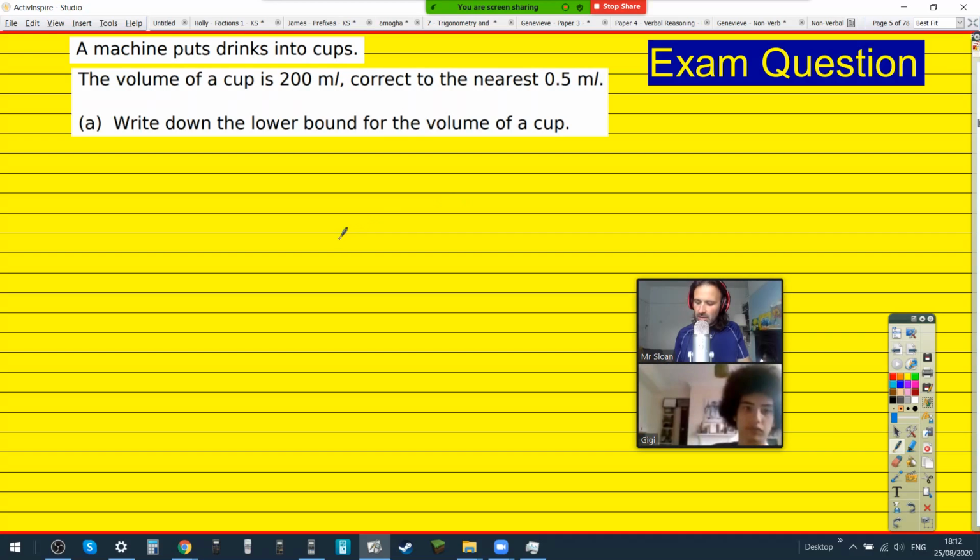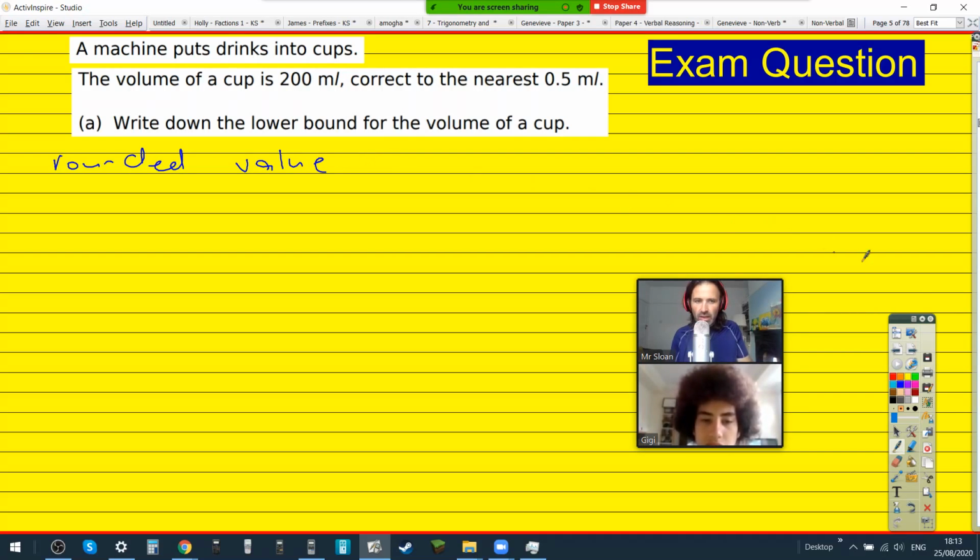Okay, exam question. The machine pours 300 milliliters, correct to the nearest 0.5. So, would it be... Let me, well, this is what will always work.